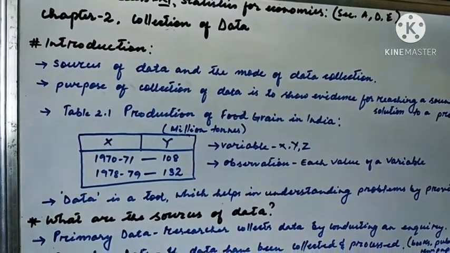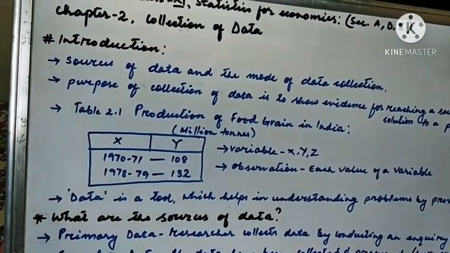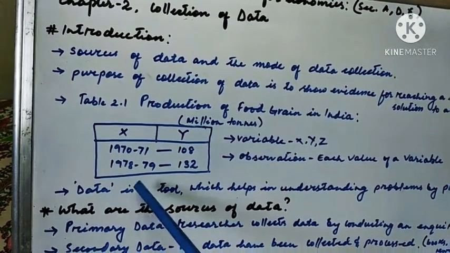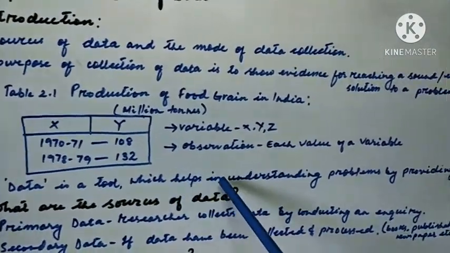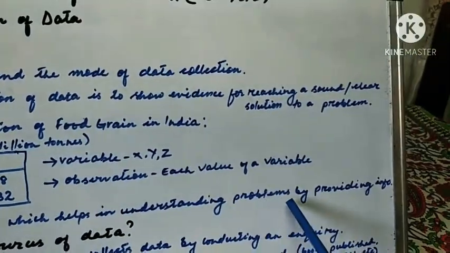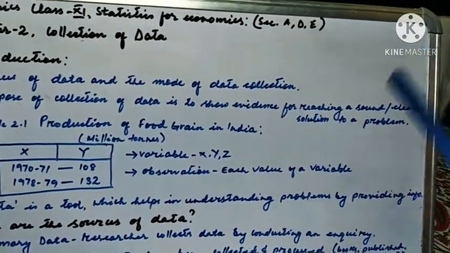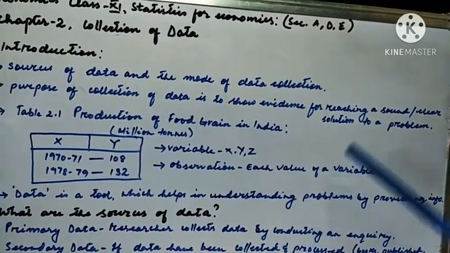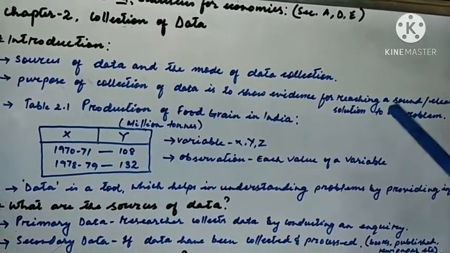In data collection, we will use some concepts and terms such as variable, observation, and data. Here it is given that data is a tool which helps in understanding problems by providing information. So data provides information so that we are able to understand the problems in the most efficient way.